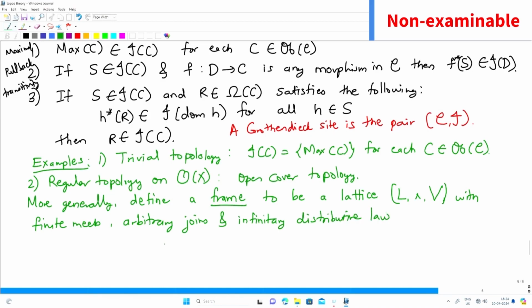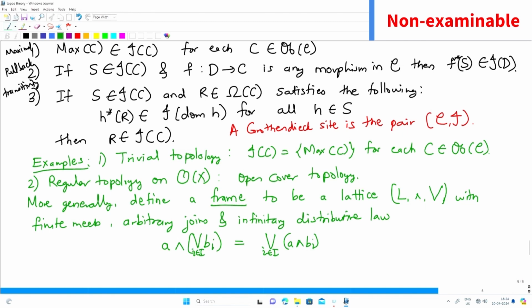What is the infinitary distributive law? Given any element a, if I am taking an arbitrary join of the b_i, then a meet that is equal to the arbitrary join of a meet b_i. Okay, so this is the infinitary distributive law. So these are complete lattices, obviously.